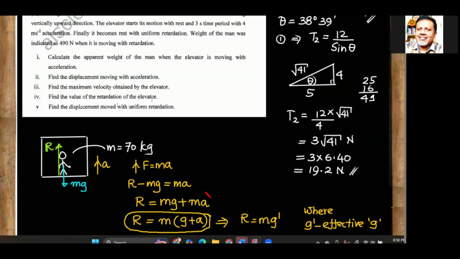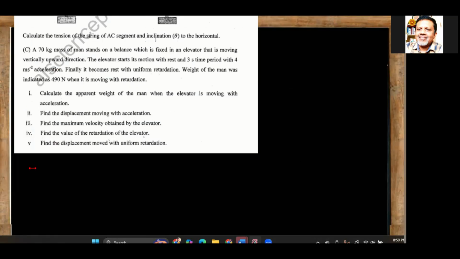So this is what we call the apparent weight of the man while it is moving upwards. Part 1, where the apparent weight can be considered as R, which is simply m times g plus a.